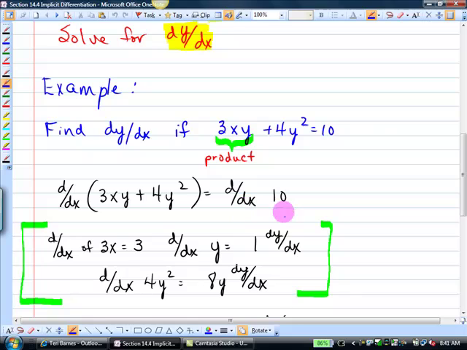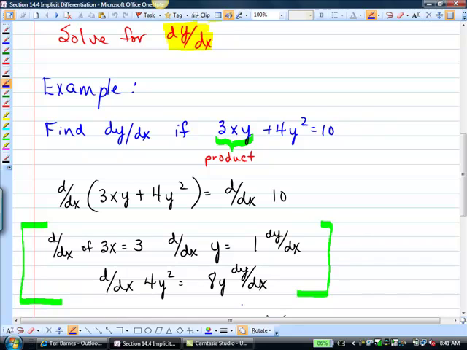Derivative of that equals the derivative of that. And then I've done this in parts. You won't do that in your real work, but I just wanted you to see the derivative of 3x is 3. The derivative of y is 1, but you have to attach a dy dx. So the derivative of y is 1 dy dx. The derivative of 4y squared is 8y dy dx.